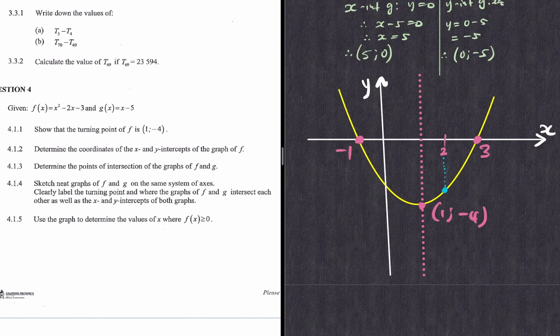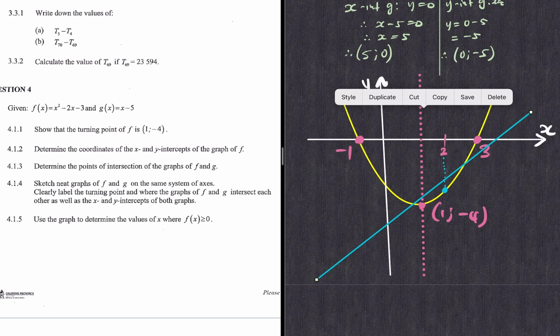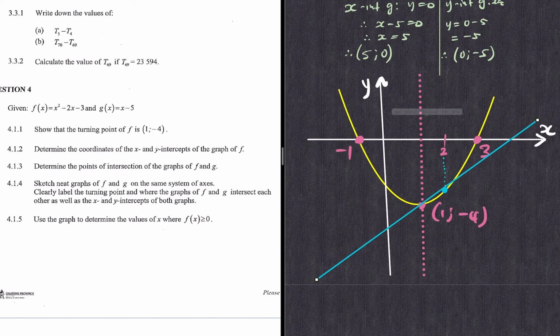So that value is possibly negative 3. Okay, that's where it's going to collide. You just need to draw it nicely. It's very important that you draw something very healthy.